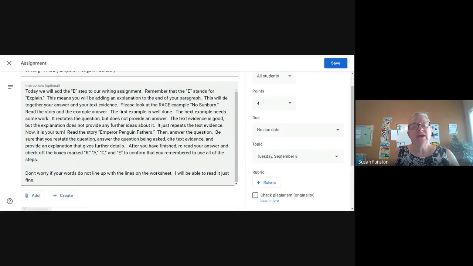We're going to take a look at a couple of examples, a really great example and a not so great example. So first, let's take a look at the really great example called No Sunburn. Let me share that one.